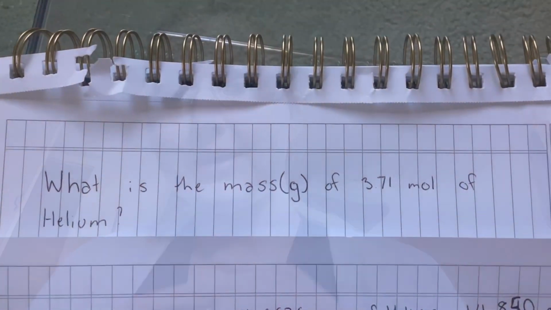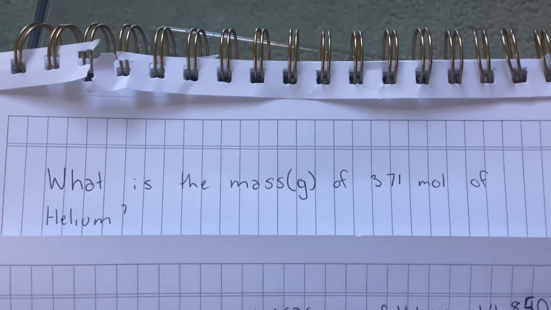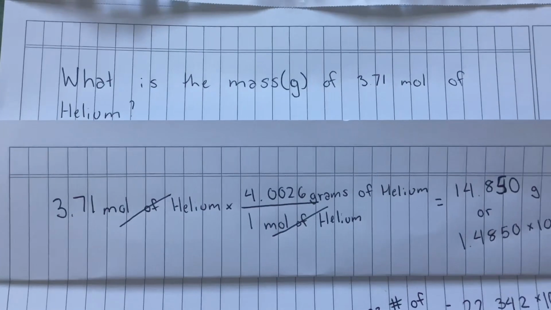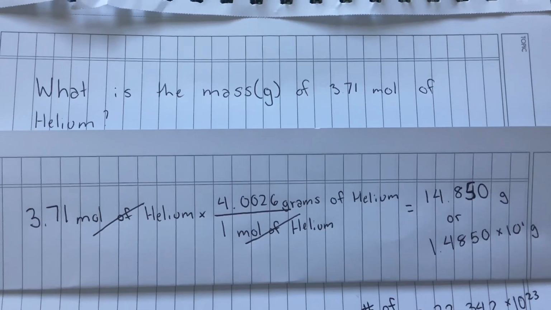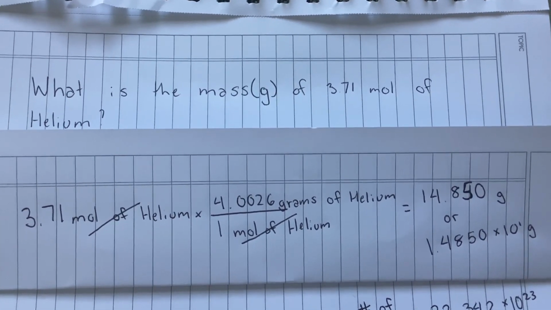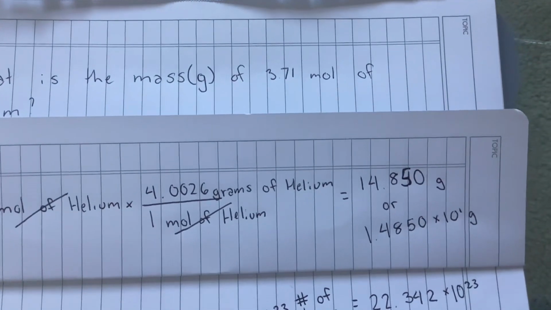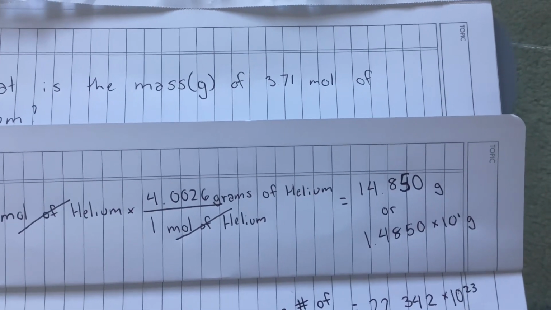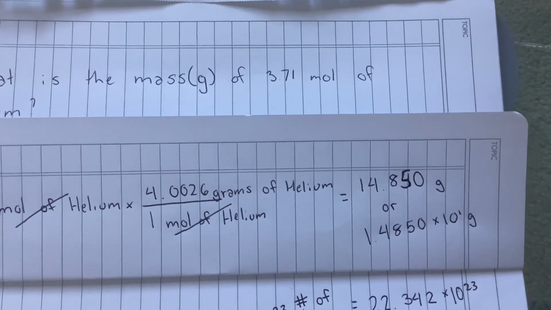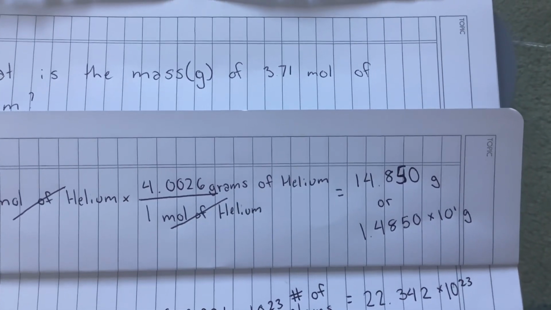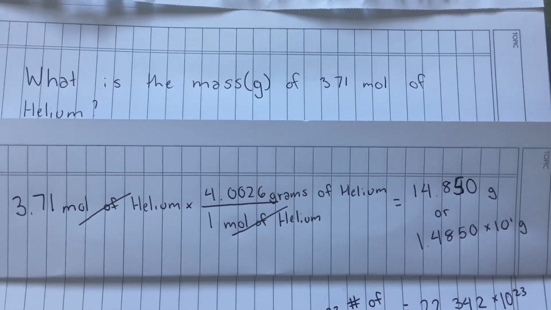So if we were to ask what is the mass in grams of 3.71 moles of helium, we could do the calculation 3.71 moles of helium times 4.0026 grams of helium over 1 mole of helium equals 14.850 grams, or 1.4850 times 10 to the first grams, and we would get the proper answer for that equation.